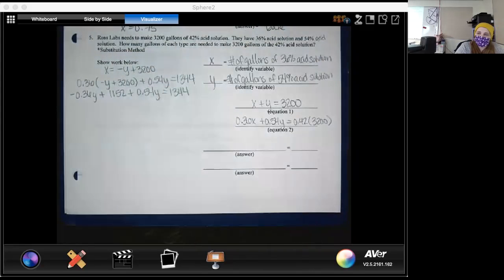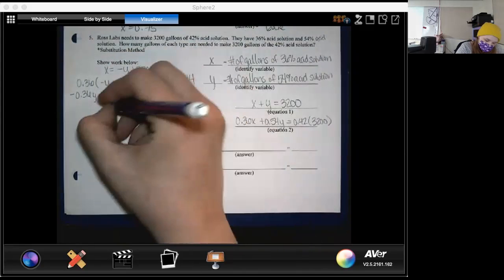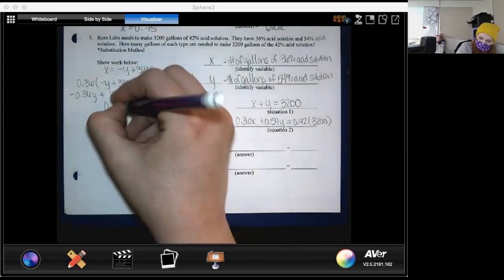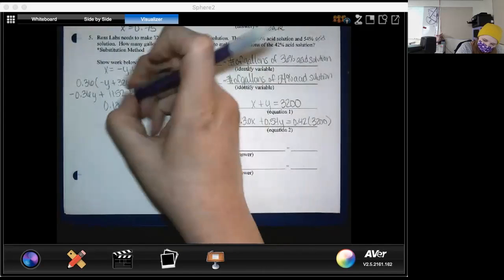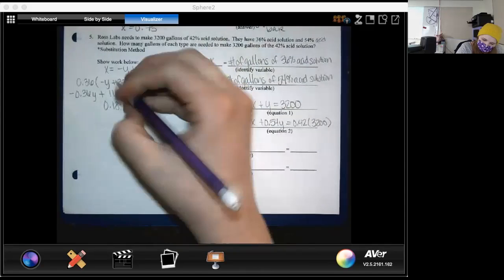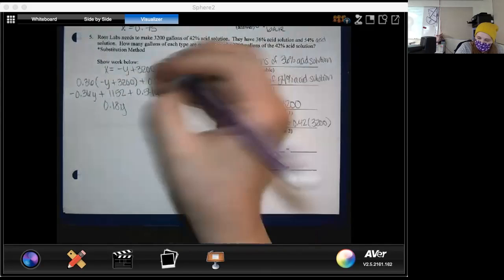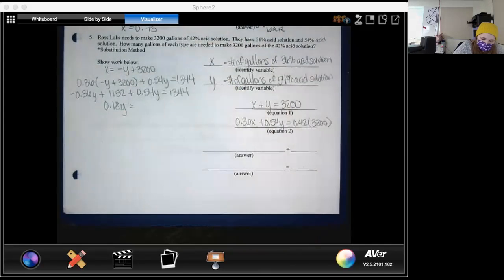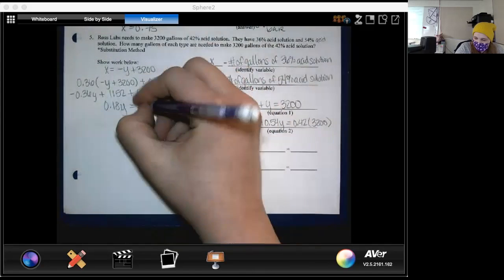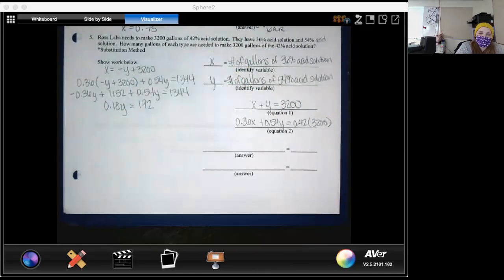And we're going to combine like terms. So 0.54 minus 0.36 will be positive 0.18Y. Equals, I solved for y on my answer key, so I have to redo the numbers, not from what I have written. Equals 192.